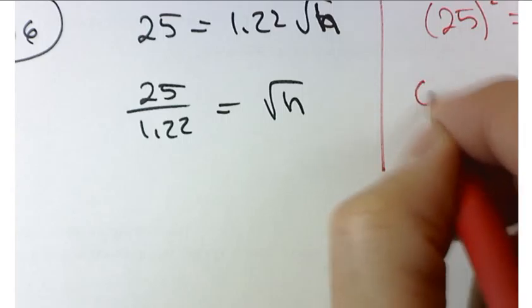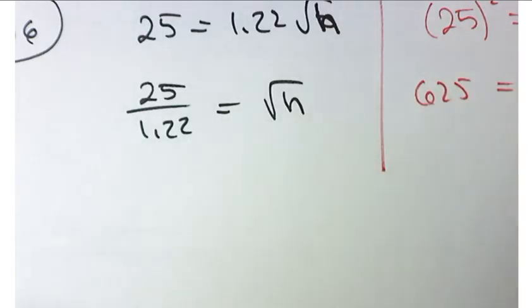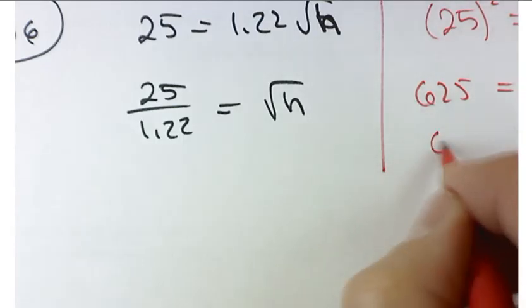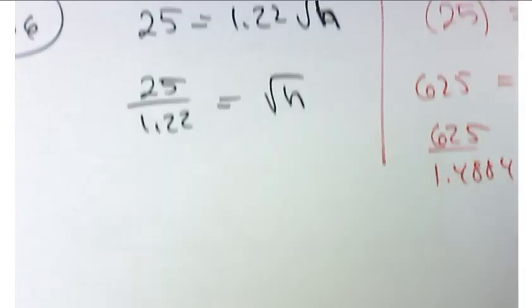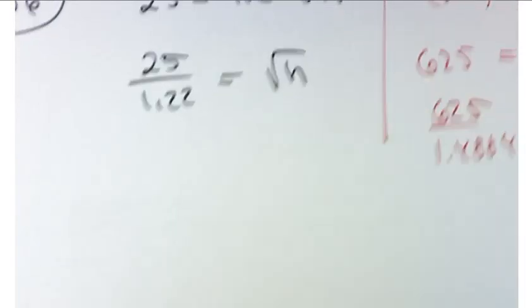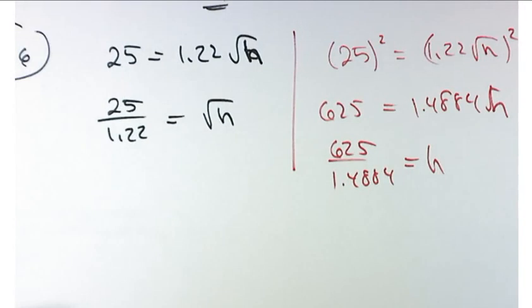So that would be 625 equals 1.22 squared, which is 1.4884. Oops, it'd be just times h now. And then divide 625 by 1.4884. And whatever that is, that's going to be your h.